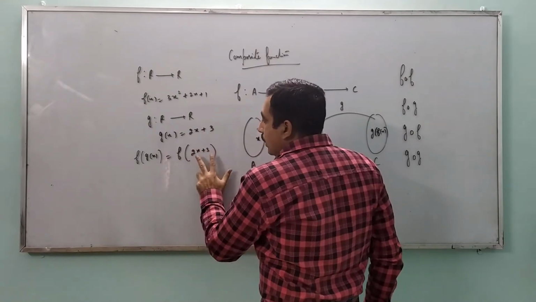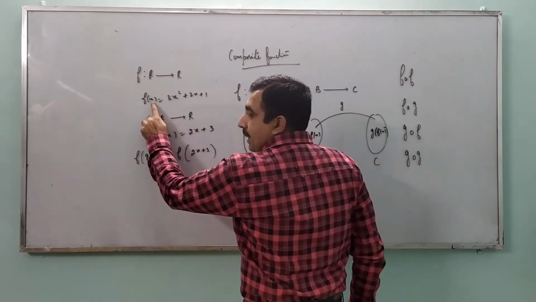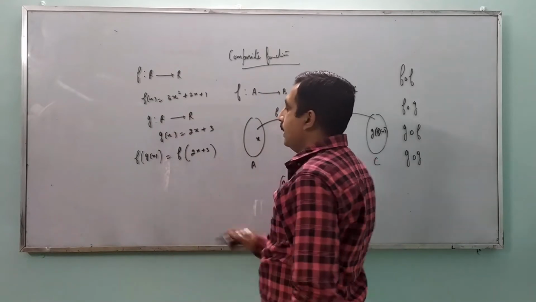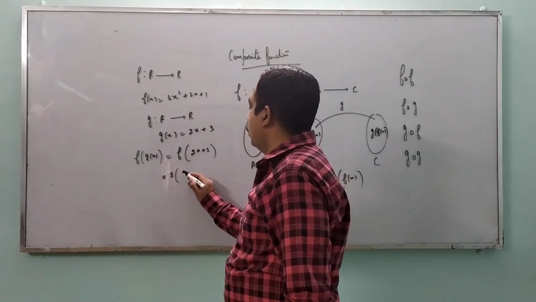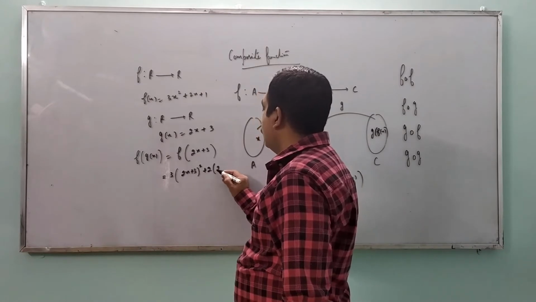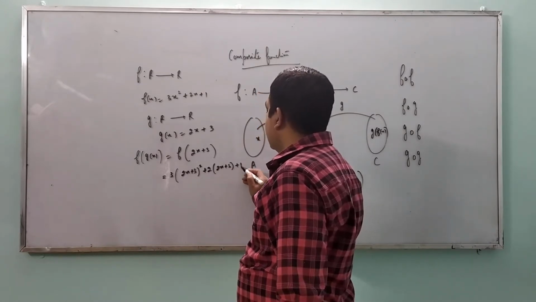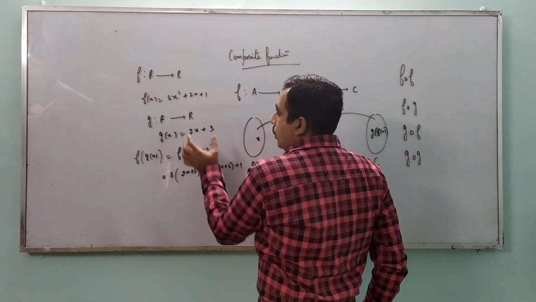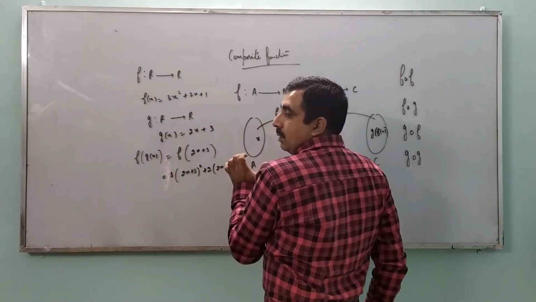So we have to put 2x plus 3 instead of x in f, and we get 3 multiplied by (2x plus 3) whole squared, plus 2 multiplied by (2x plus 3), plus 1. Means instead of this x, you have to write 2x plus 3.